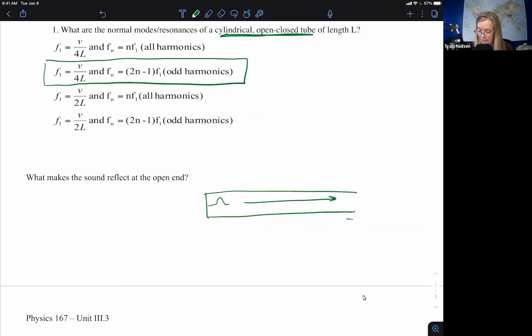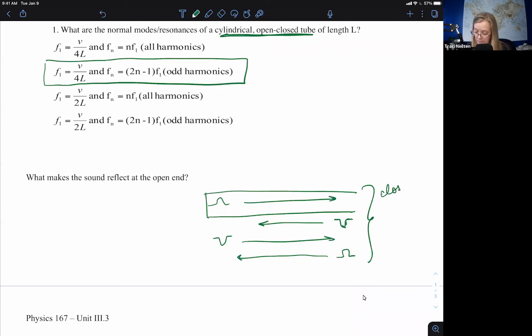But some of the air will get sent backwards, actually the pulse will be upside down, and then it hits this hard end, so it reflects back the same way it got hit. When it hits that open end, it will reflect upside down from what it was, and so then it will complete the whole cycle. Okay, so for the open closed tube or closed open tube, same thing.